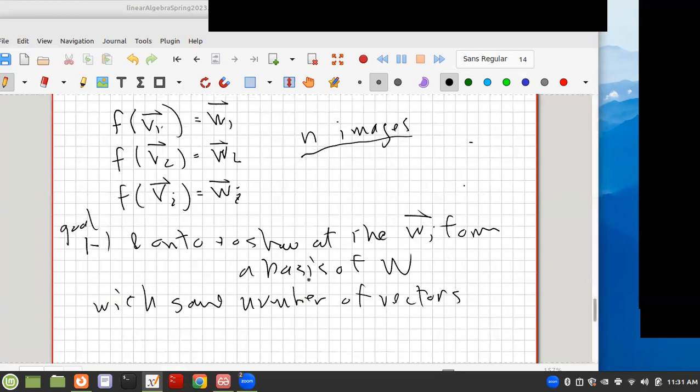Because then the dimension of W would be the same as the dimension of V if it had a basis with the same number of elements, right? So the images of the basis vectors form a basis of W.